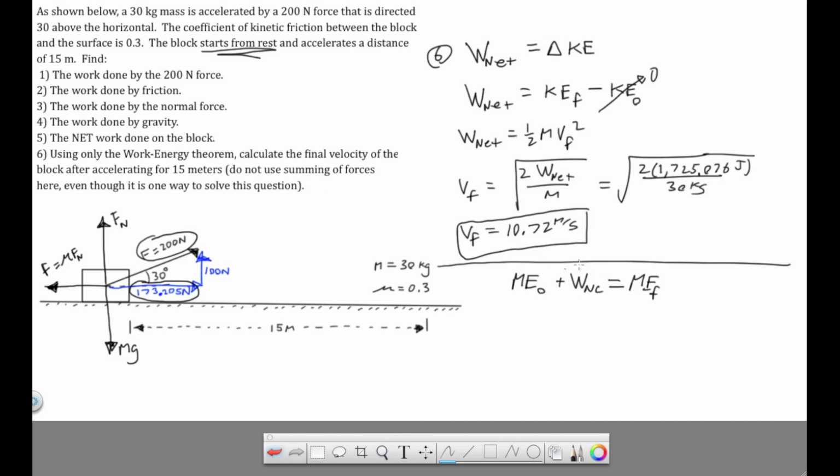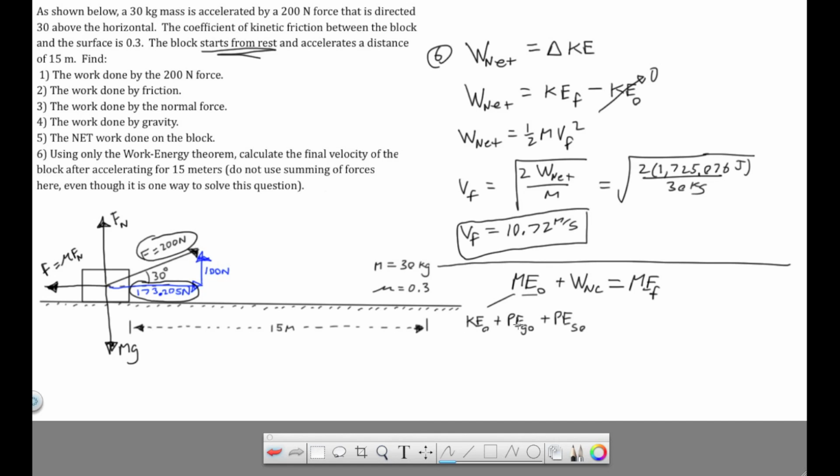So the work non-conservative in this problem is this 200 Newton force and friction. Both of those are non-conservative forces because it's not gravity and it's not springs. I'll just leave it at that for right now. So mechanical energy, there's 3 forms: we have kinetic, we have potential of gravity, and we have potential of spring.